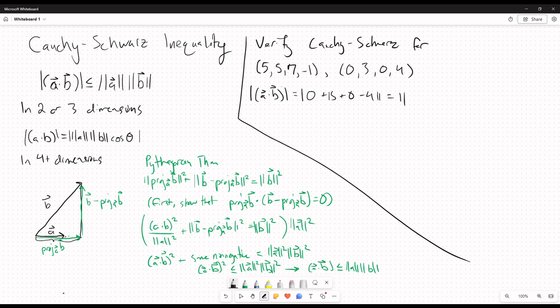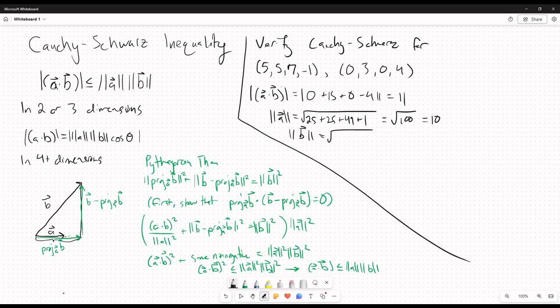What about the norm of A? Well, the norm of A is going to be the square root of 5 squared is 25, 5 squared again is 25, 7 squared is 49, and 1 squared is 1. Hey, guess what? Those add up to 100, so it's a perfect square. Wow, it's like I planned it. So that equals 10. What about the norm of B?